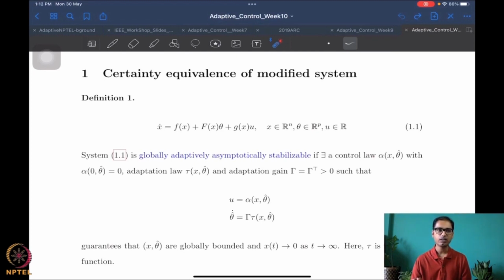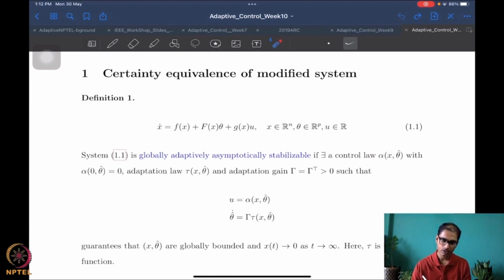This system is called globally adaptively asymptotically stabilizable if there are two things: a control law alpha, a feedback law which depends on x and theta hat because theta is unknown, and an adaptation law given by tau and the gain gamma, such that theta hat dot is gamma times tau, again depending on x and theta hat possibly, such that the x, theta hat states are globally bounded and the x states go to 0 as t goes to infinity.